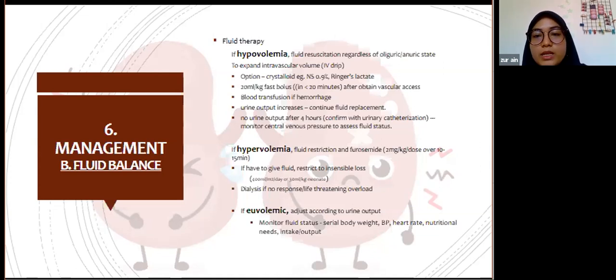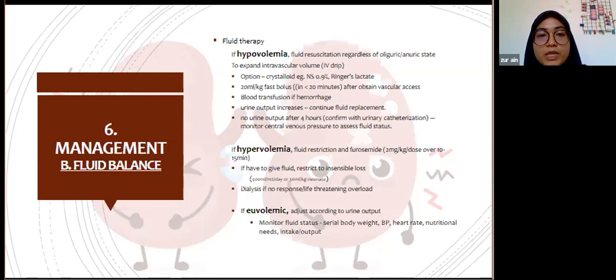After volume resuscitation, a hypovolemic patient will generally void within 2 hours, but if there is no urine output for about 4 hours after that, we monitor the central venous pressure to assess the fluid status.